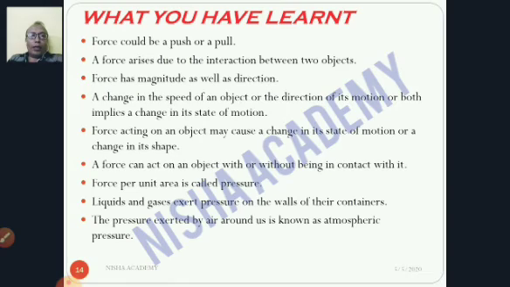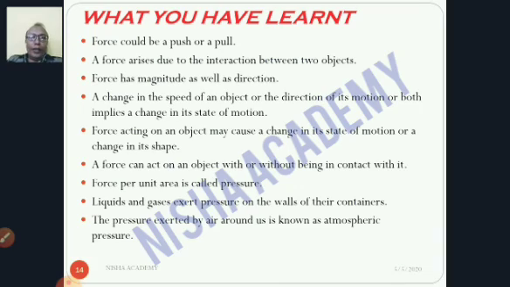A force acting on an object may cause a change in its state of motion, or it can change the shape of the object. A force can act on an object with or without being in contact with it. We can denote these as contact forces and non-contact forces.